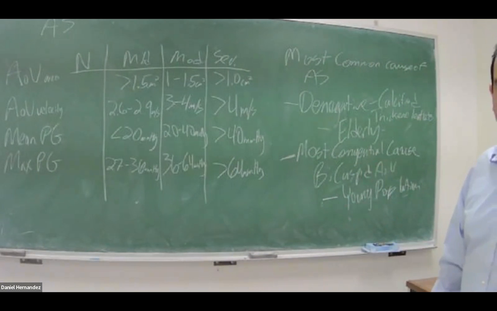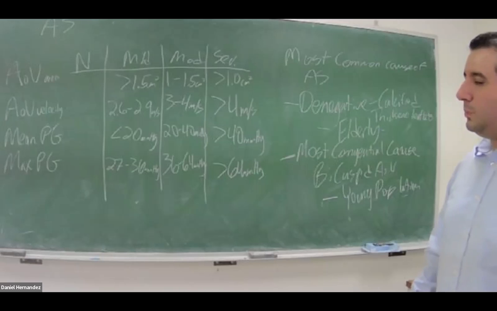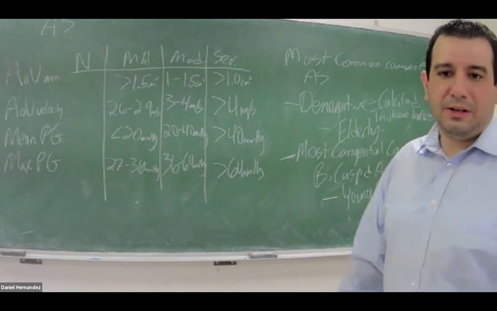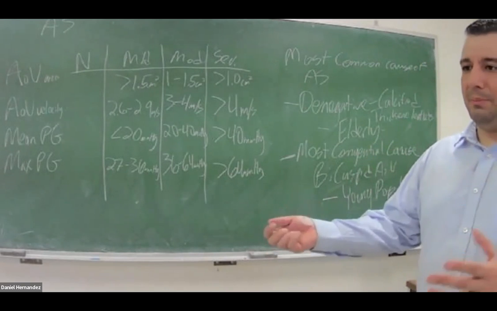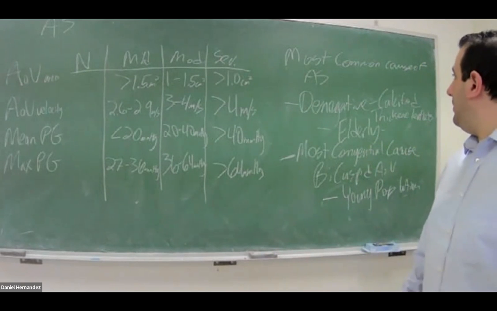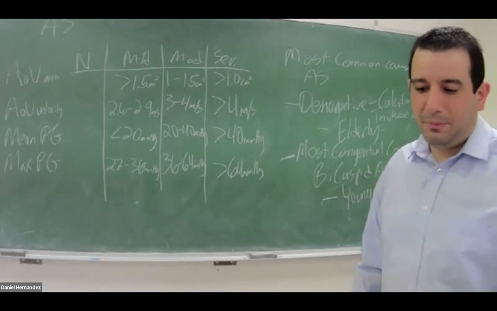Some other issues can potentially happen. We can start developing left ventricular thrombus as well. Blood flow is having a hard time getting out and starts becoming more static.